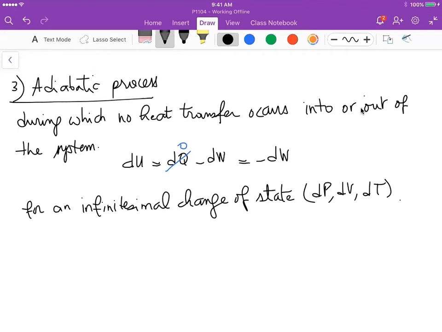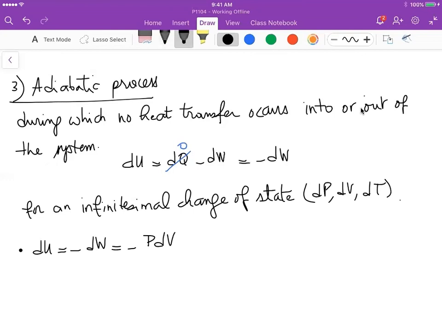And from these equations, we're going to find relations between P and V, P and T, and V and T. First of all, according to the first law of thermodynamics, dU is equal to minus dW, meaning minus P dV, right?